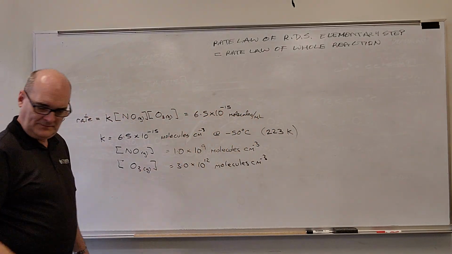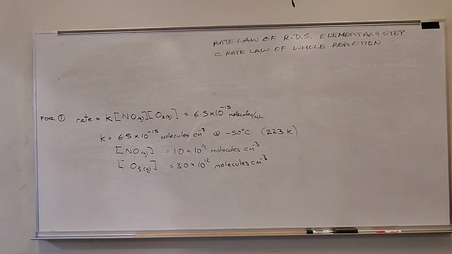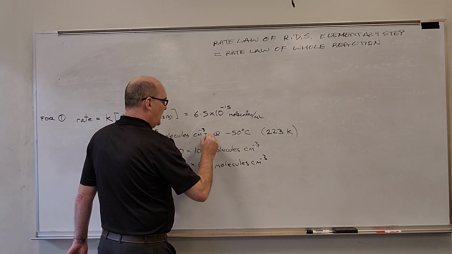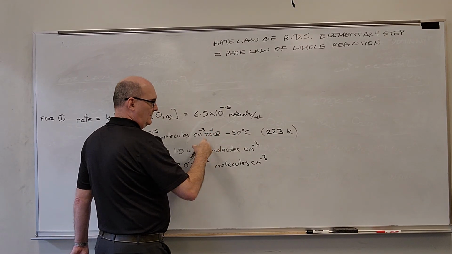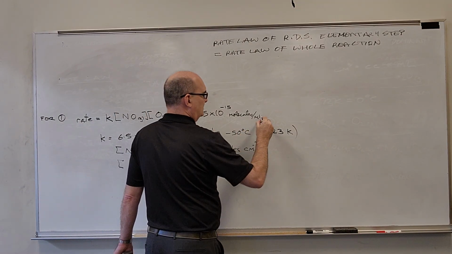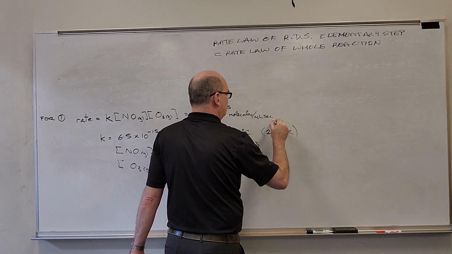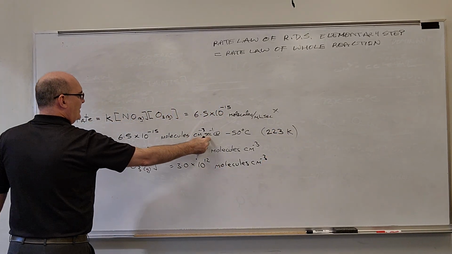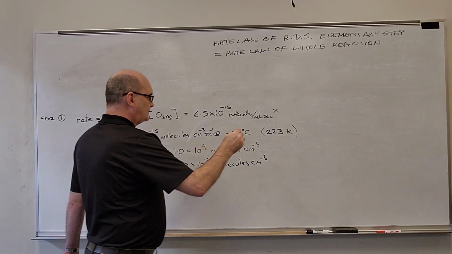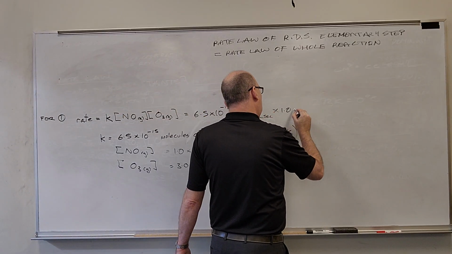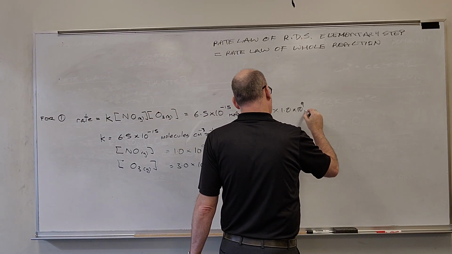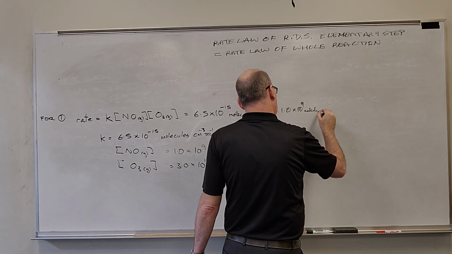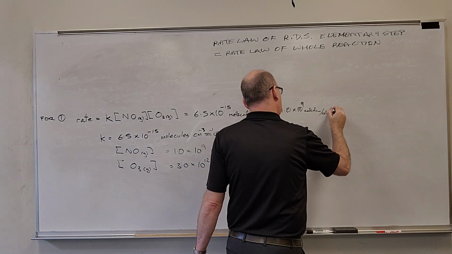I'm missing the time in here. There's something I haven't written down. Per second. It's a rate. Has to be divided by time. Multiplied by 1 times 10 to the 9 molecules per milliliter.